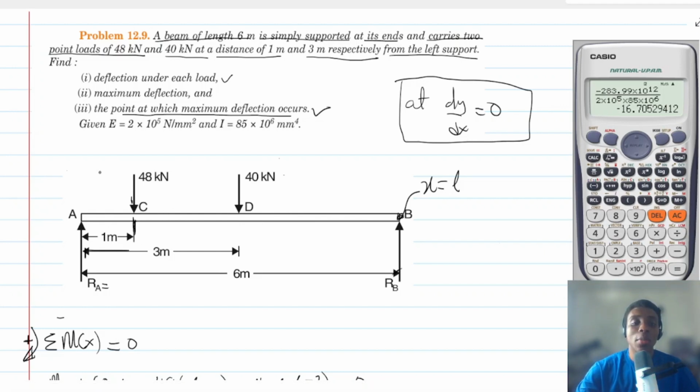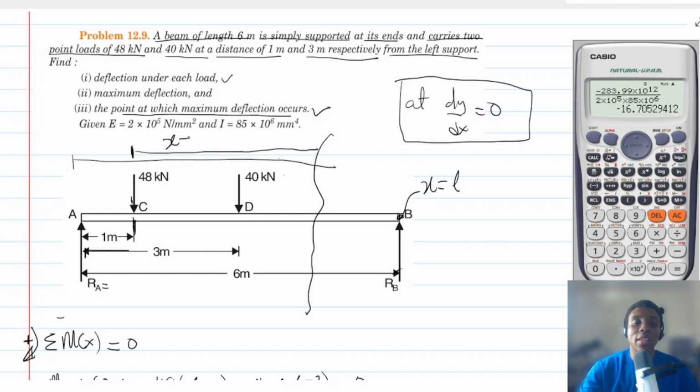Okay, but do you remember that we took a section beyond this one? Then we said that let's go from here up to here, what, x minus 1. Okay, and then we said that this one was what, x minus 3. In other words, we were saying the whole of this is what, x.